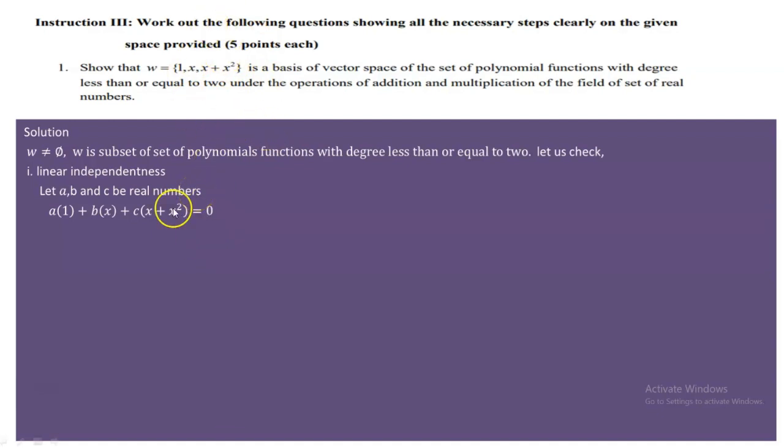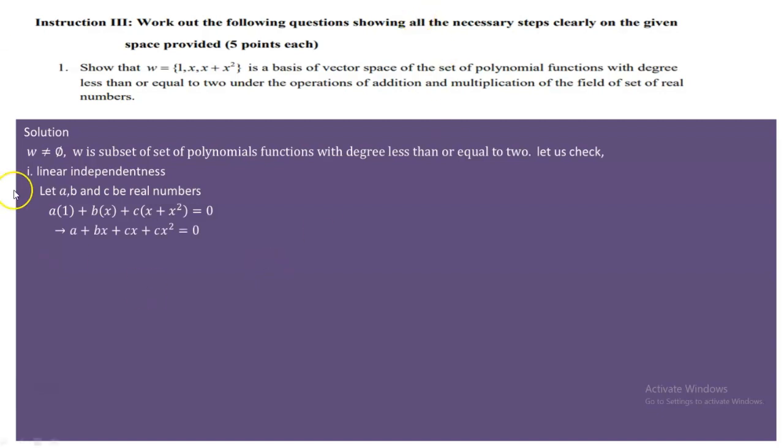Now here, if we are able to obtain at least one non-zero value for a, b, and c, we can say that these 3 functions are linearly dependent. But if we are unable to obtain such non-zero values so that this can be true, this set is considered to be made of linearly independent elements. So let's see how we can do that.